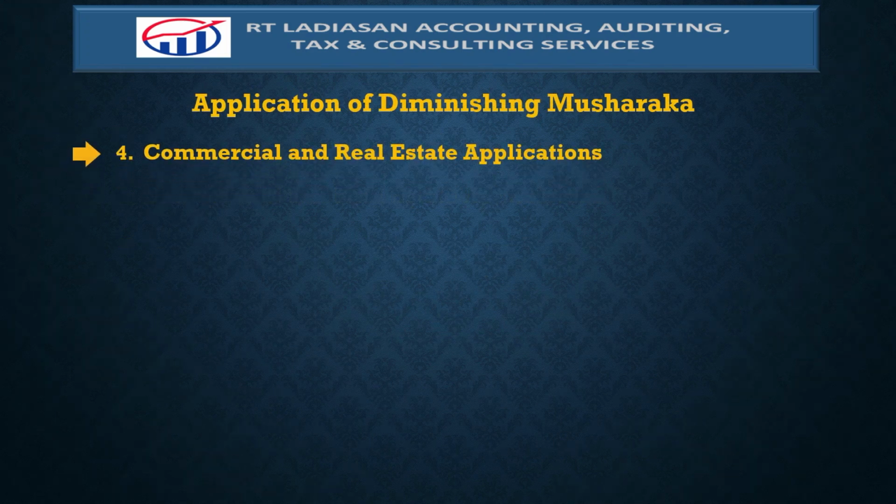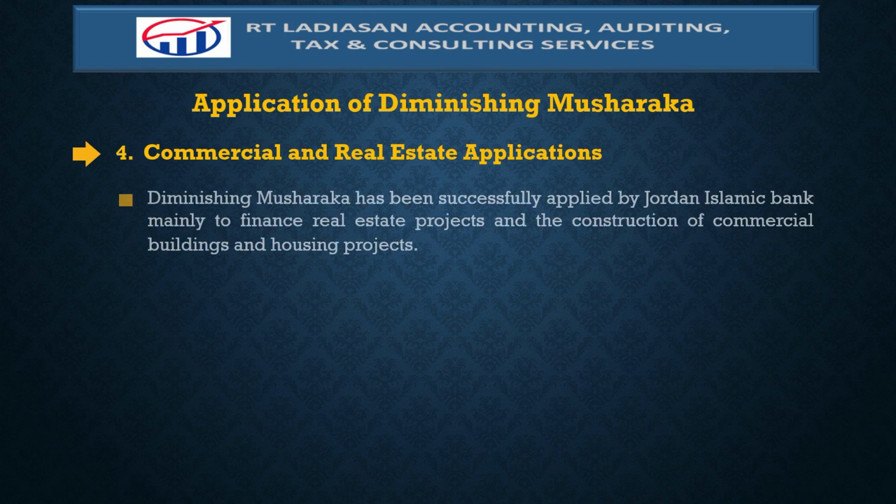The fourth application is with respect to commercial and real estate. Under this, diminishing Musharaka has been successfully applied by Jordan Islamic Bank, mainly to finance real estate projects and the construction of commercial buildings and housing projects.